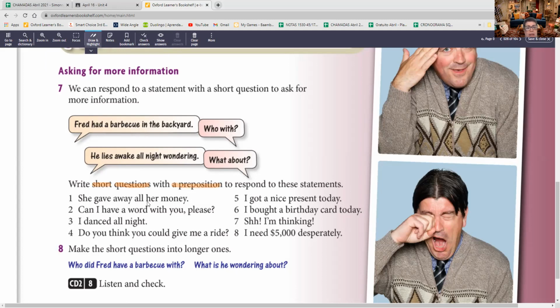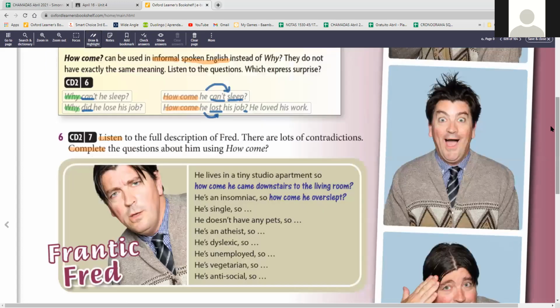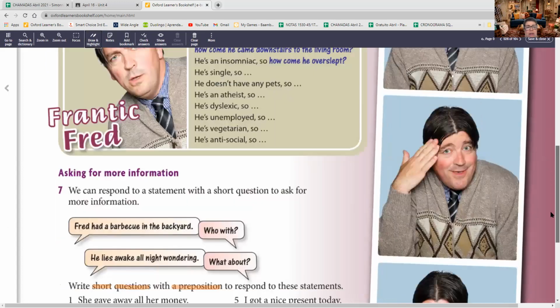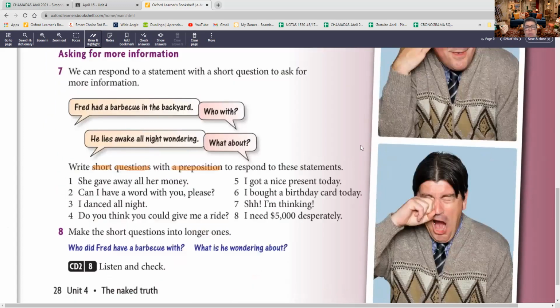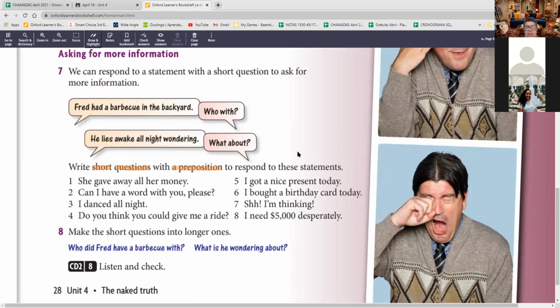She gave away all her money. So what is the question that arises when you hear that? Suppose we are talking here about Oprah Winfrey. Do you girls know Oprah Winfrey? You never heard of Oprah?